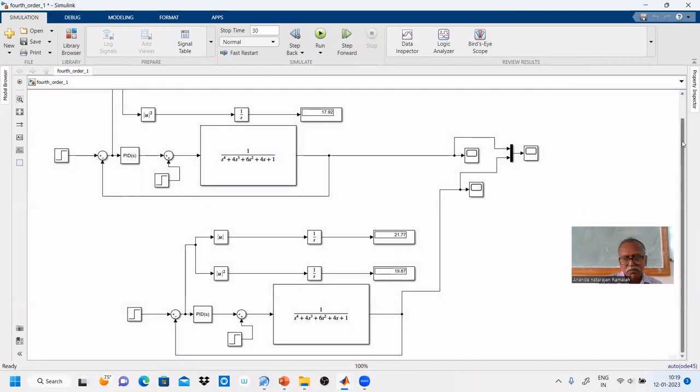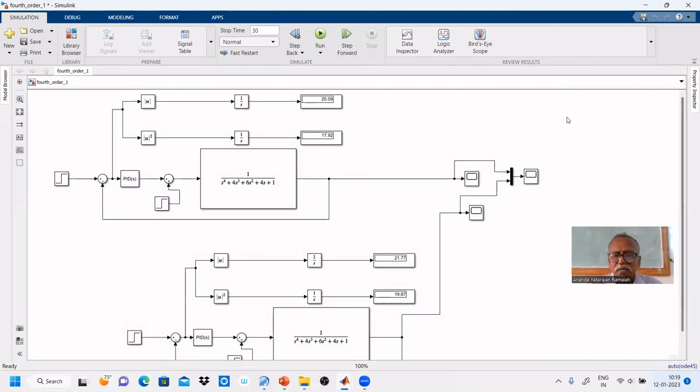Which method gave what? You see that for the reaction curve method, the ISE is 20, because in the continuous oscillation method the gain is 2. There it is 2.33, a higher gain, so definitely the steady state error will be less. That's why that 20 only we got. Which controller is better? As far as IAE is concerned, reaction curve is better.